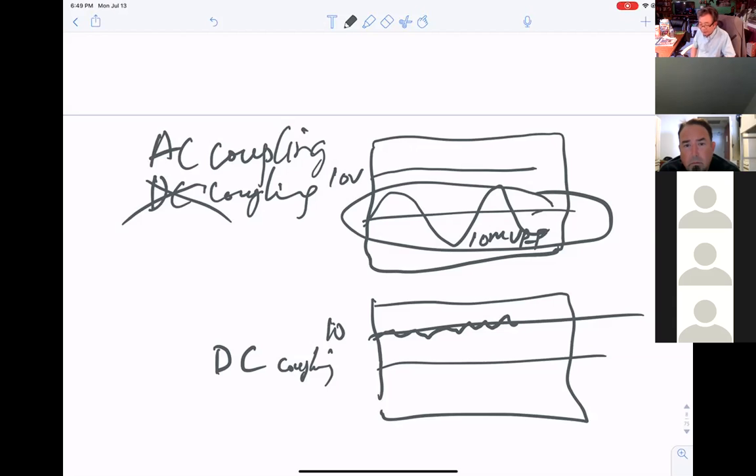Every time you get into your oscilloscope, you have to know which coupling must be set, DC or AC. Again, when you set DC coupling, it displays both DC voltage and AC voltage. If you set AC coupling, it only displays the AC signal.